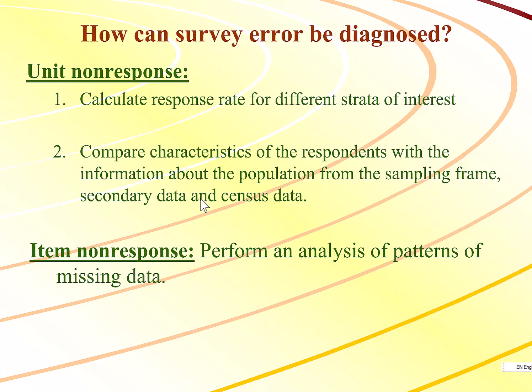For item non-response, you can do analysis of patterns of missing data and use methods for missing data in the analysis, such as multiple imputation, but it's better to avoid having to deal with missing data later, particularly if your data is missing not at random, where the reason for missingness is related to the variable itself.